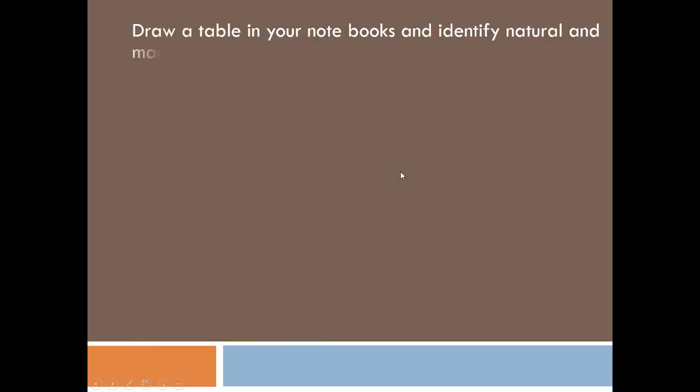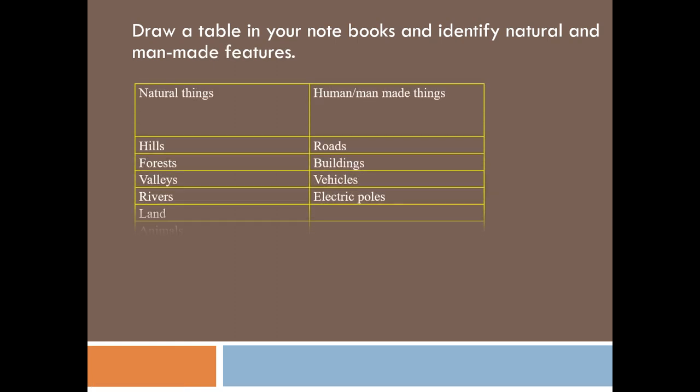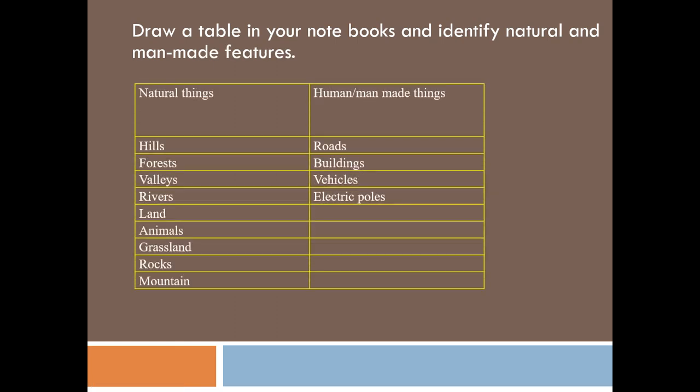So those are some of the natural things or the physical things that we identify in our environment, which are being portrayed using the photographs. But when you get outside your homes or your houses, when you get outside your classrooms, you'll be able to identify at least one of these that we have seen.